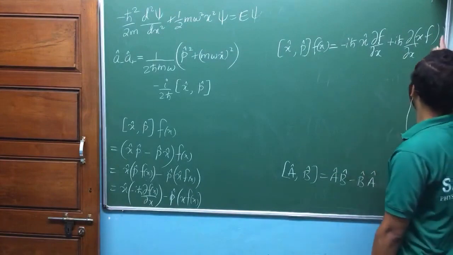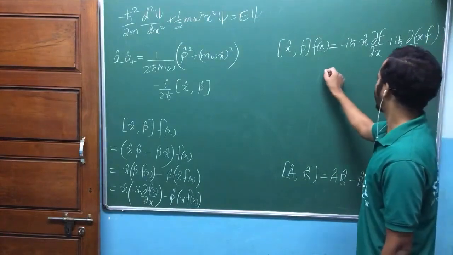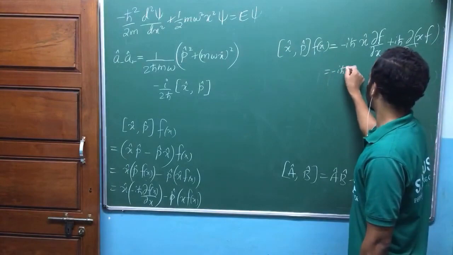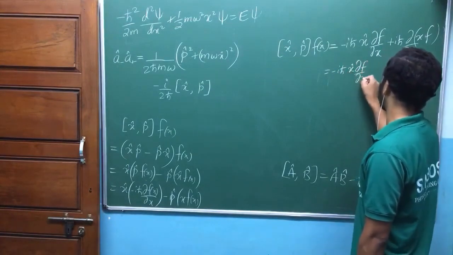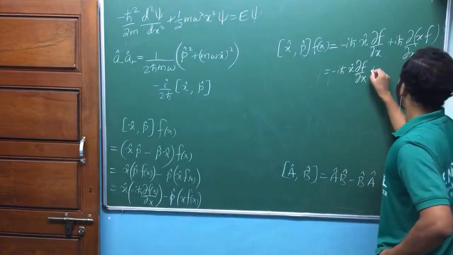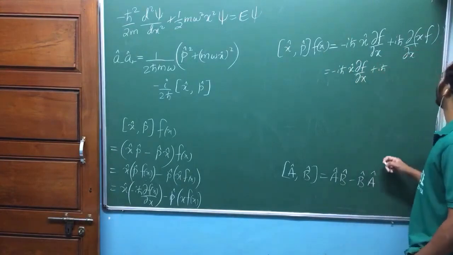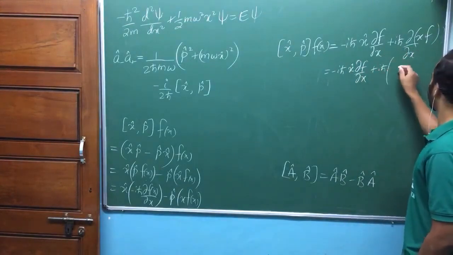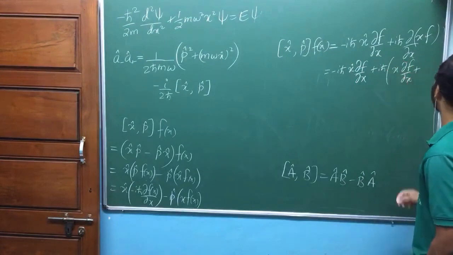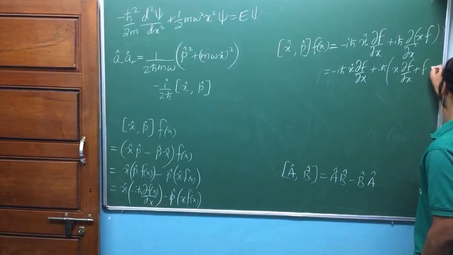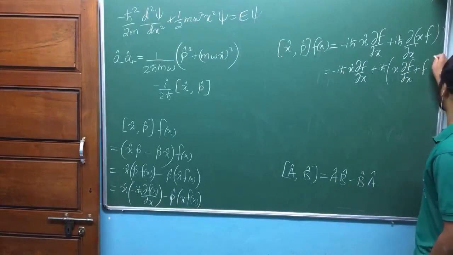Okay, now let me do the differentiation here. Minus i h bar x cap into ∂f/∂x, plus i h bar, take the differentiation. What is this? x into ∂f/∂x plus f into 1. Am I right?